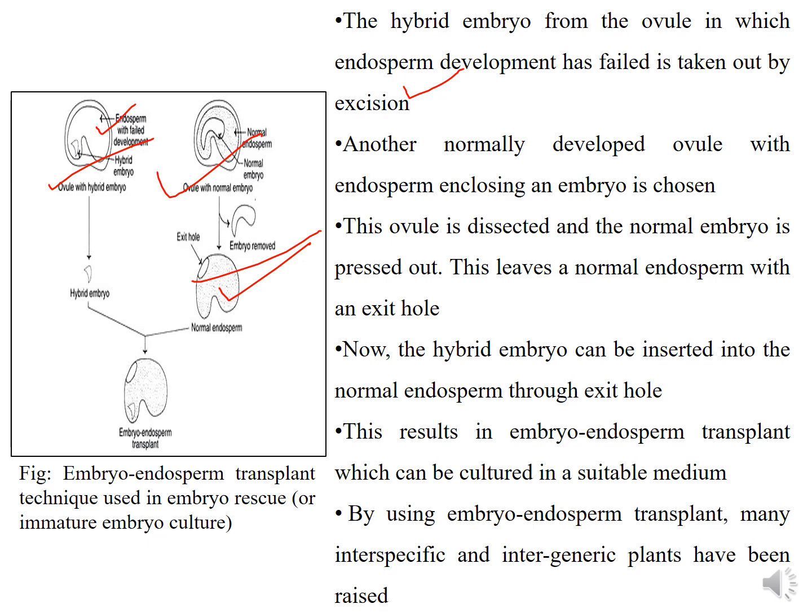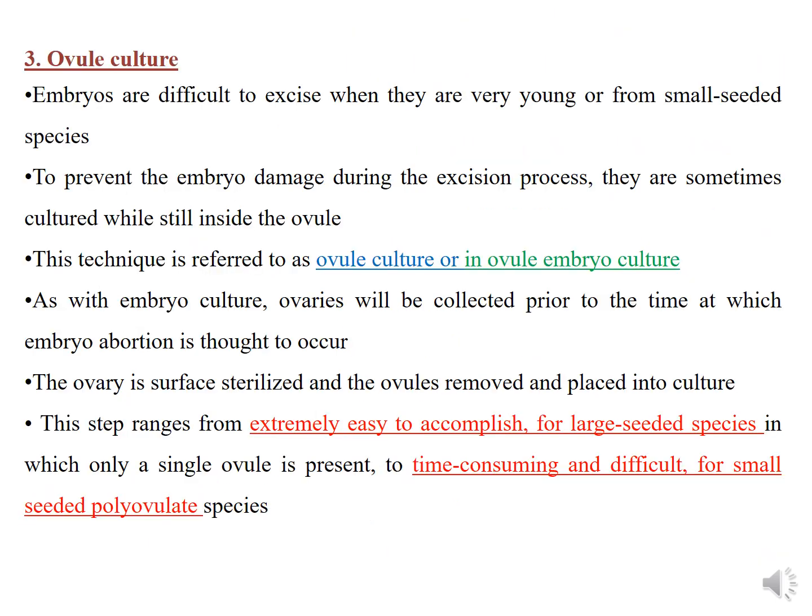From here we are taking out the normal embryo, and it leaves only the endosperm with an exit hole. Now the hybrid embryo can be inserted into this normal endosperm through its exit hole, which results in the embryo endosperm transplant that can be directly cultured on a suitable nutrient medium. By using embryo endosperm transplant, many interspecific and intergeneric plants can be raised.